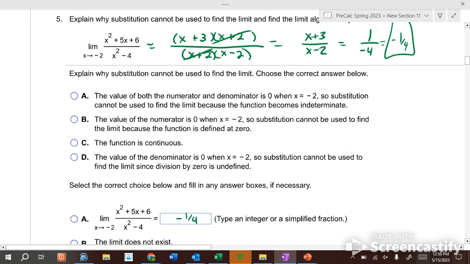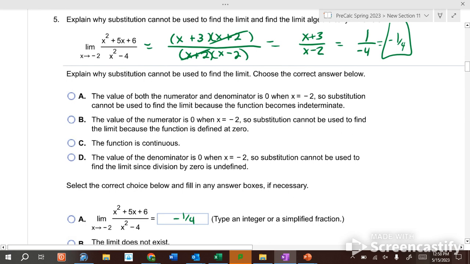Is a function continuous? Well, you could graph it out to see whether it's continuous or not, but it's not going to be continuous because you're going to have two vertical asymptotes, at 2 and at -2, but we can still find the limit.